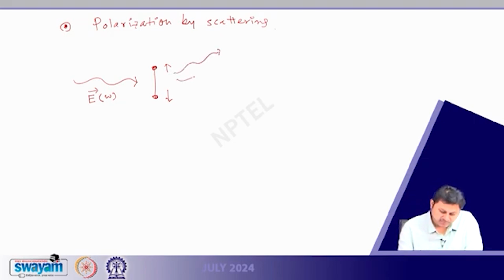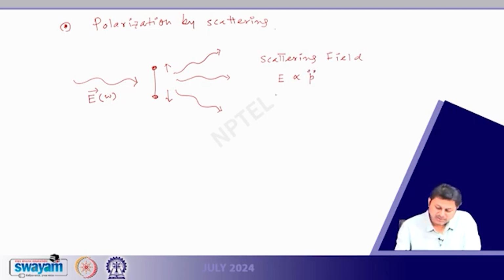So radiation will come out from this dipole vibration, and this is the scattering field. This scattering field E will be proportional to P double dot, that we need to know. And what is P? P is the dipole moment.